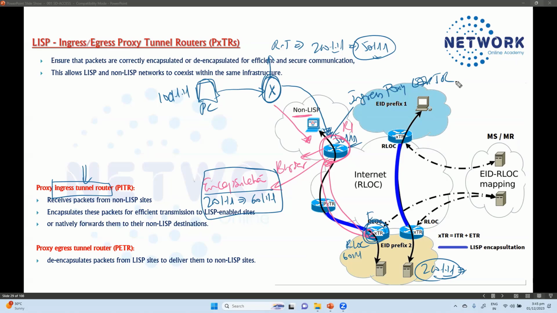As I said, here we have this scenario where the packet is generated from the remote branch office and it's being sent. The packet is coming from a non-LISP network and is being sent to the destination on the LISP network. So there is an intermediate router, the border router, connecting to the non-LISP network, and it is going to encapsulate the packet and send it to the remote router.